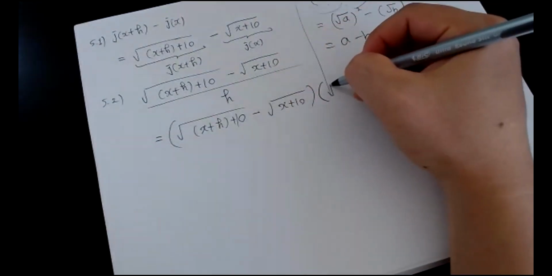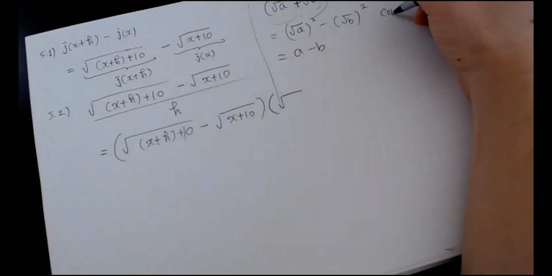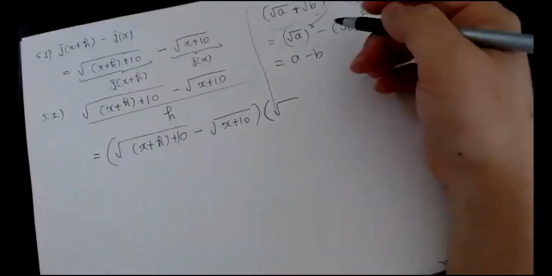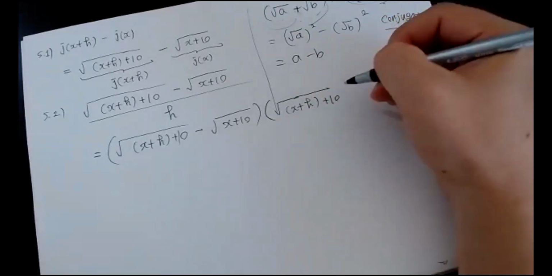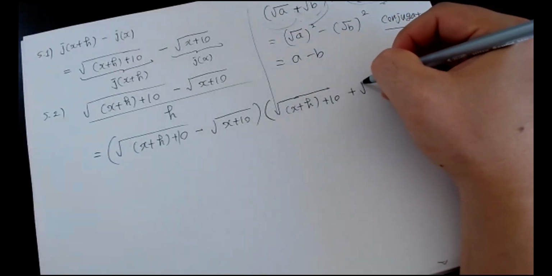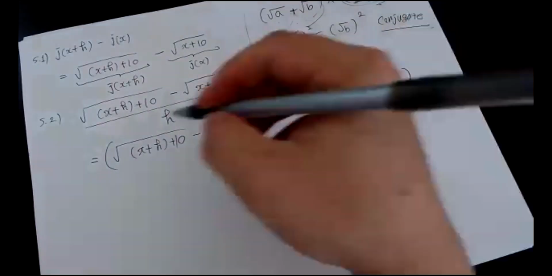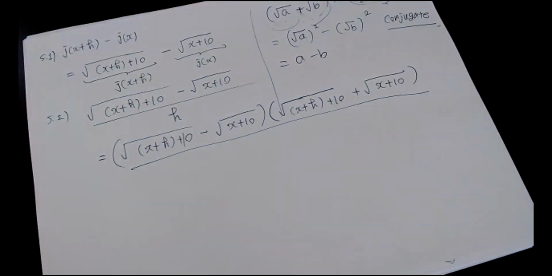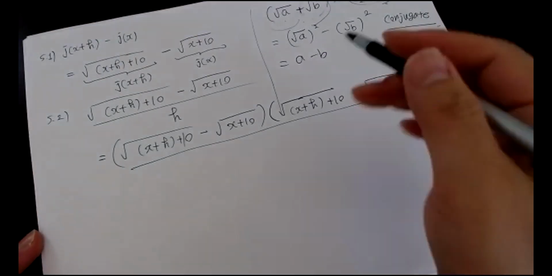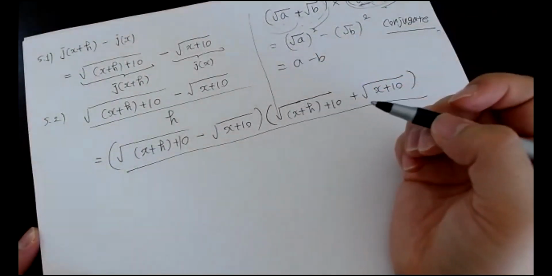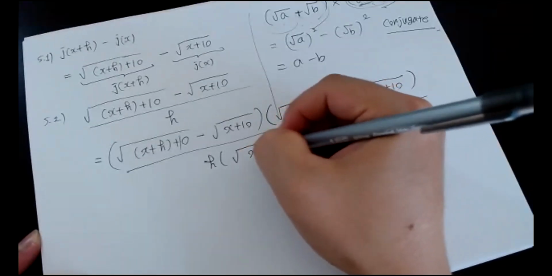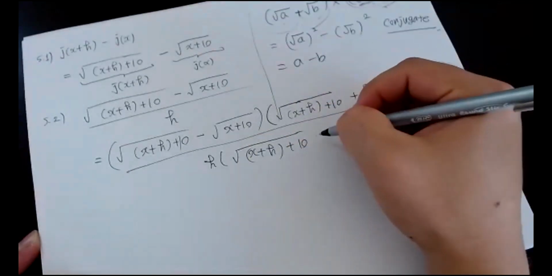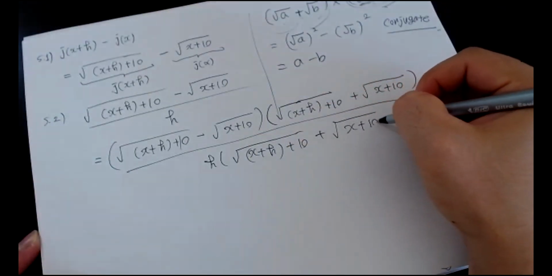The conjugate of this is square root of x plus h plus 10 plus square root of x plus 10. And when you multiply in the numerator, you have to do the same thing in the denominator, right? Otherwise the ratio is going to be broken. So now h times square root of x plus h plus 10 plus square root of x plus 10, right?